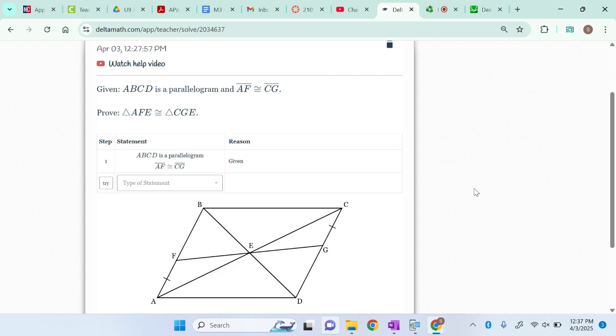It didn't work. Okay, so we need to prove another step. All right, so we got to prove that something is a diagonal.